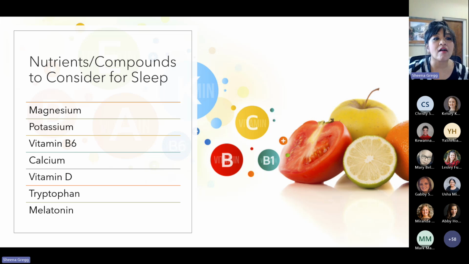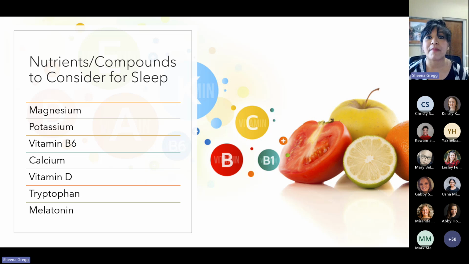Some nutrients and compounds we do want to consider for sleep, and I'll be going a little bit more in depth today, are magnesium, potassium, vitamin B6, as well as calcium, vitamin D, tryptophan, and melatonin. We're going to go much deeper than just talking about tryptophan being in turkey, and think about some more practical things and some other nutrients that are associated with better sleep quality.